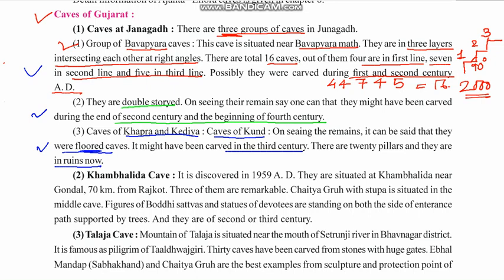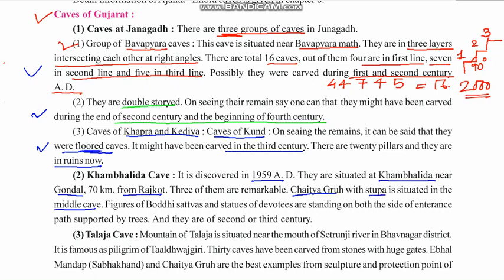Next are the Kambalaya Caves. It was discovered in 1959. They are situated at Kambalaya near Gondal, 70 kilometers from Rajkot. Three of them are remarkable. As I told you, these are Buddhist caves, so you can find Chaityas and Viharas there. A Chaitya with stupa is situated in the middle cave.